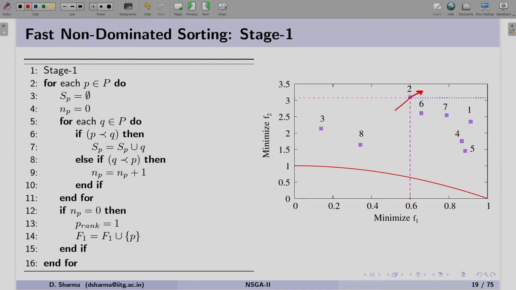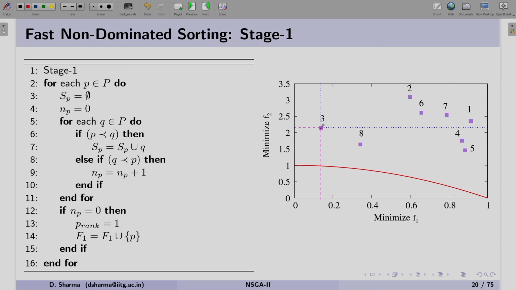If we look at the third quadrant with respect to solution 2, we have 2 solutions, 3 and 8. Therefore, S2 is empty for solution 2 and N2 is 2 because it is dominated by the 2 solutions.